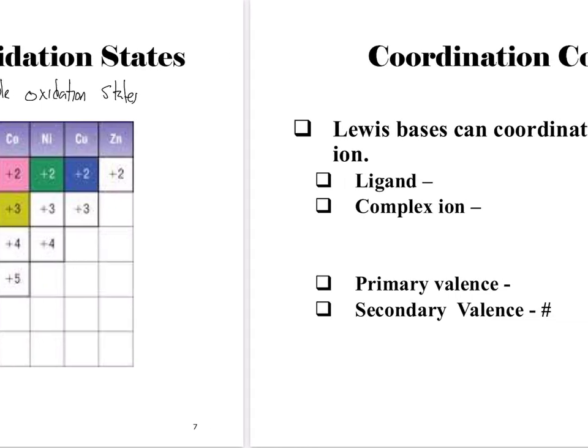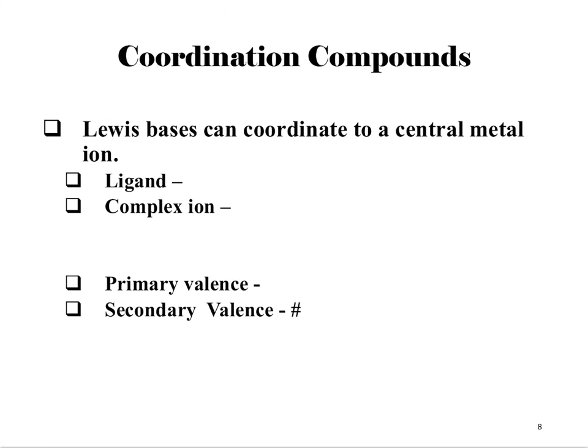No? Okay. All right, so for the coordination compounds, basically what we have is a Lewis base that can coordinate to a central metal ion, right? So does anyone remember what a Lewis base was defined as?